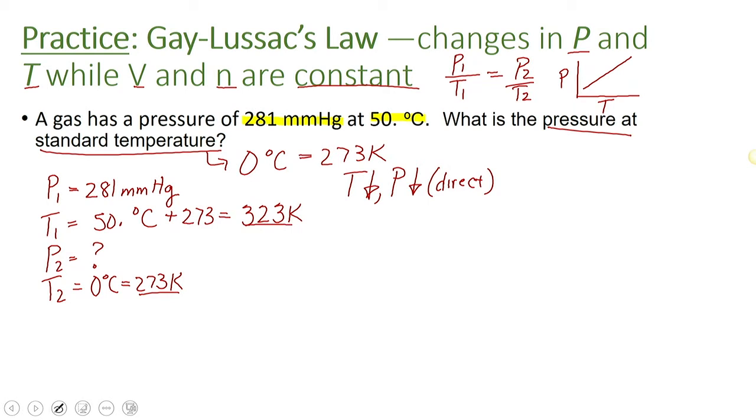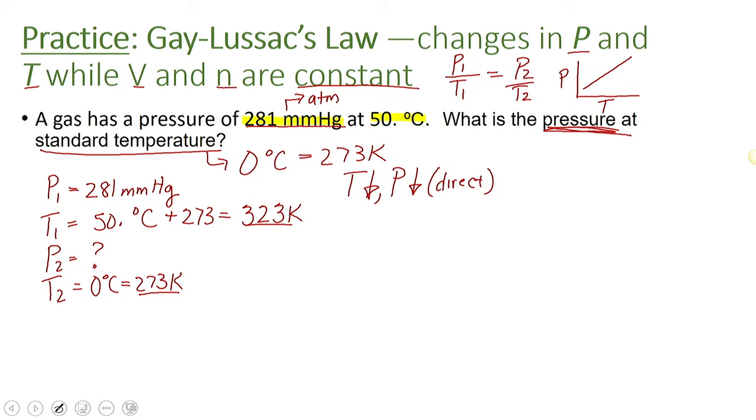The question is asking what is the pressure at standard temperature. So we're given a pressure of 281 millimeters of mercury. Because we're using standard pressure and temperature, we have to be in atmospheres. So we need to convert this to atmospheres before we get started.